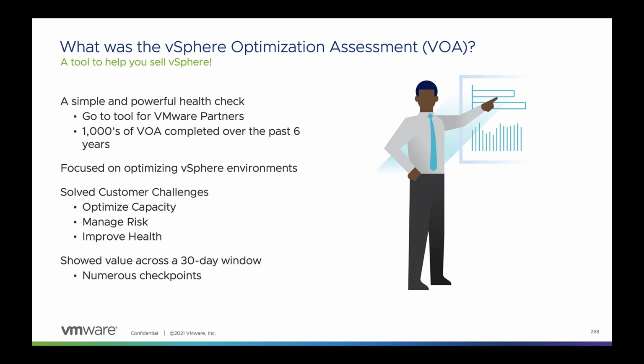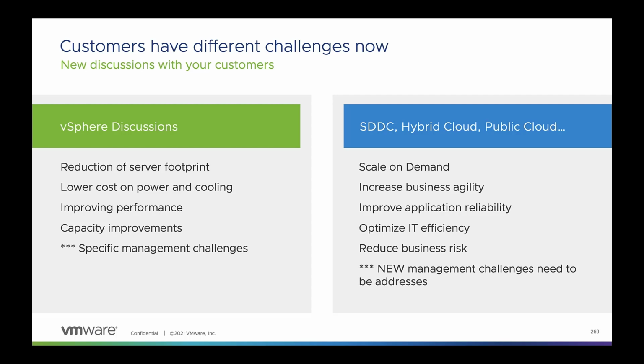We've changed some things around with the new Cloud Management Assessment that we're talking about today, and we'll go through why we think that's a good change and what's different here. As I mentioned, the vSphere Optimization Assessment was a powerful check on vSphere deployments, but we're having different discussions now.